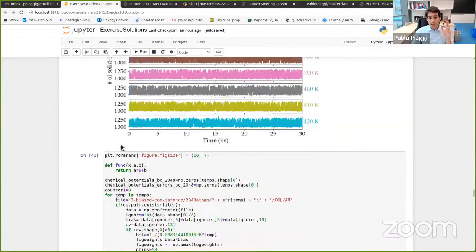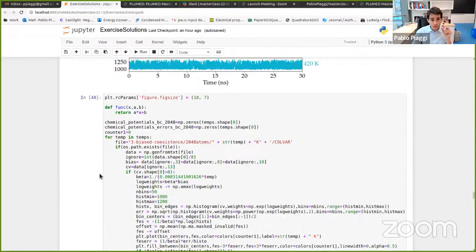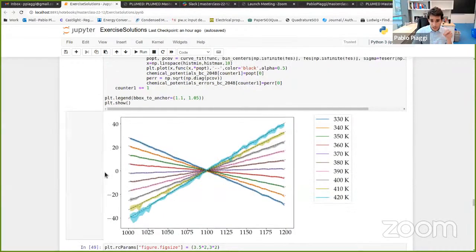Okay, so we have these simulations, and the analysis that we're going to do is calculate the free energy surface. Here I'm missing the axis. This is free energy in kilojoules per mole, and this is our collective variable, the number of solid-like atoms, at different temperatures. As the temperature changes, we see a change in slope.